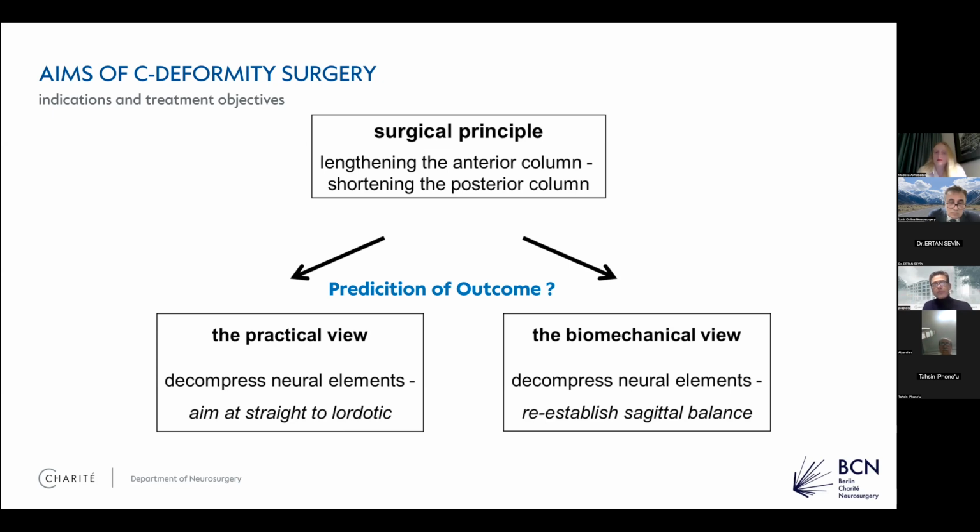And I think this is something that has changed over the years. I think the classical neurosurgical thinking was to decompress and not overcorrect, just do a little bit of correction. And I think the more biomechanical way of thinking that we have adopted, and where we have learned a lot also from our orthopedic colleagues and from the interdisciplinary exchange, is that now we are really aiming at getting a good radiographic result and a satisfying re-establishment of the lordosis.